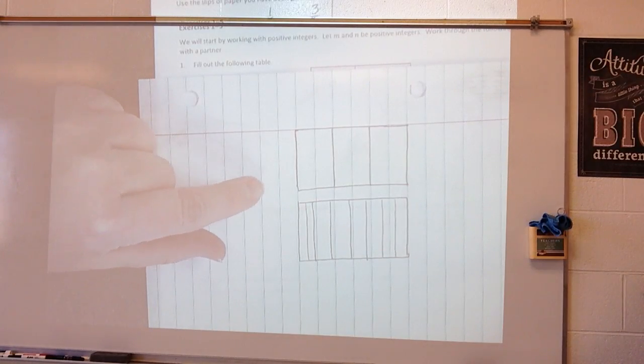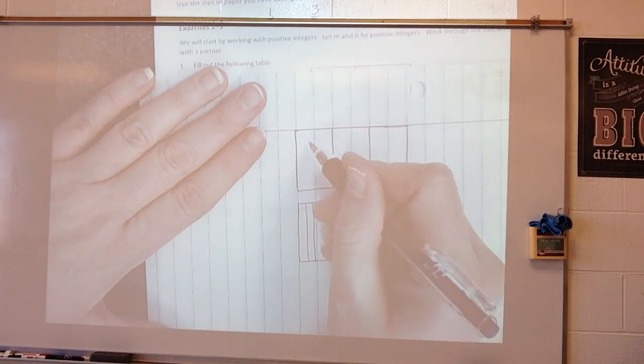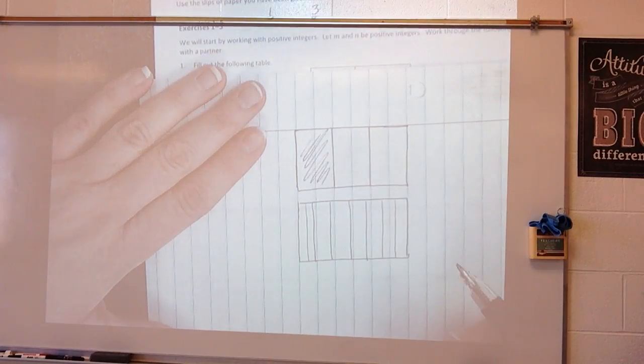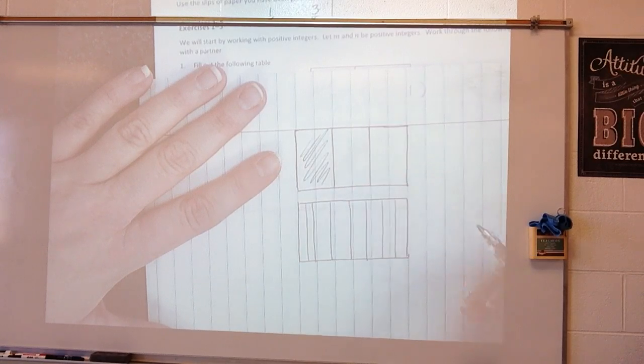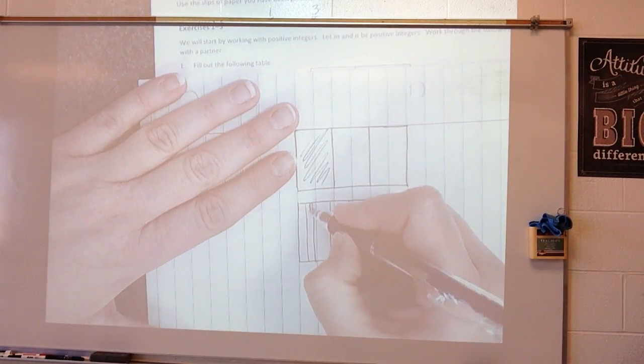Okay. Now, actually that didn't work out quite as well as I wanted it to. If I were looking at 1/3, and let me see if I can do this a little bit better.